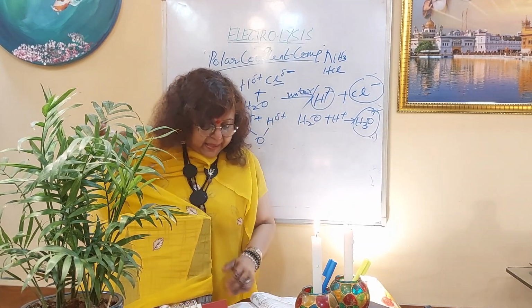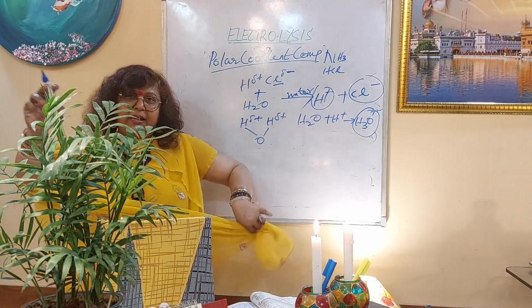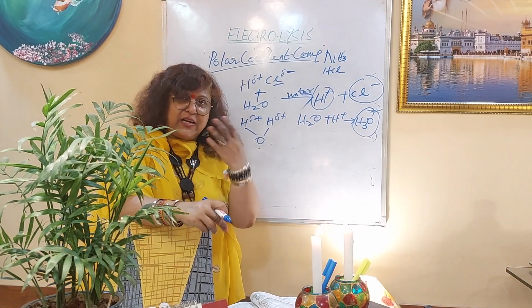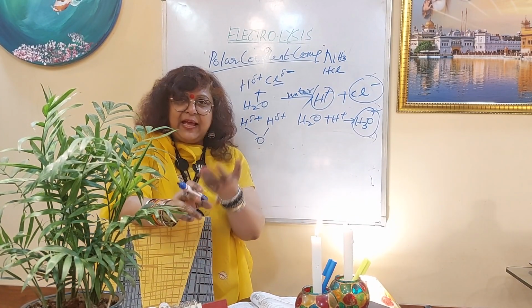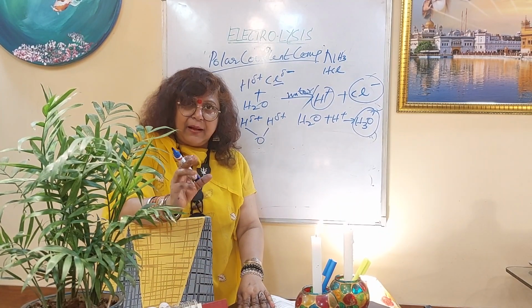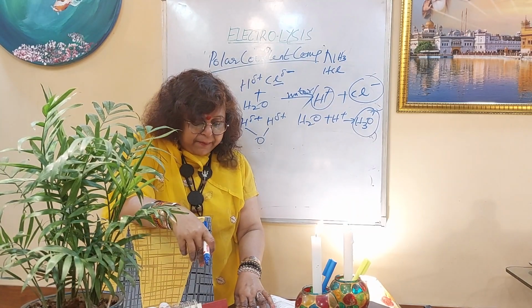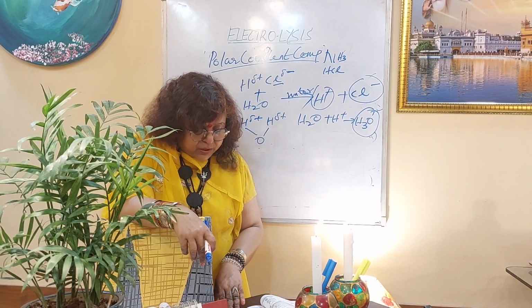So, I think I have given you a comparison between the electrolytic decomposition of NaOH, NaCl and that of HCl. And in the end, I would like to tell you the comparison between metallic conduction and electrolytic conduction. It's also very nicely given.